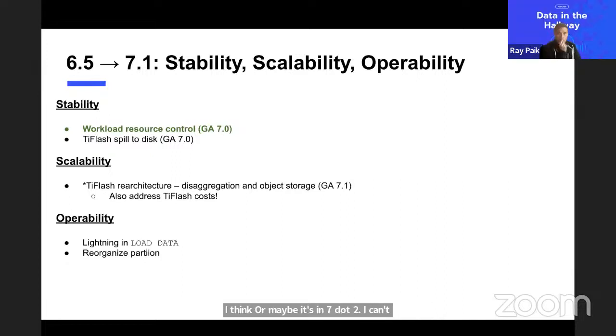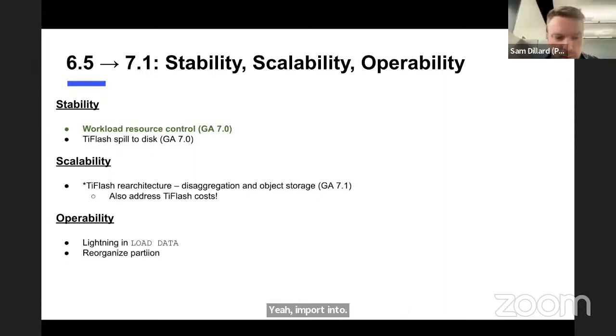We added import into, which uses the TiDB Lightning import tool as part of TiDB. So basically it integrates it into TiDB itself, and allows it to use all of those features, as well as reach out to remote storage like S3 to grab files of data and import those into TiDB, which really speeds up getting started with TiDB for one, and then also ongoing imports.